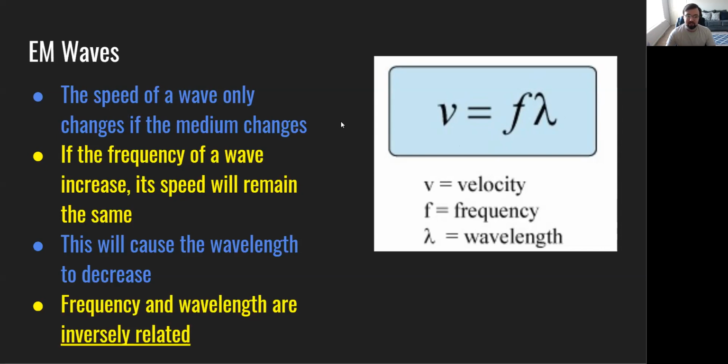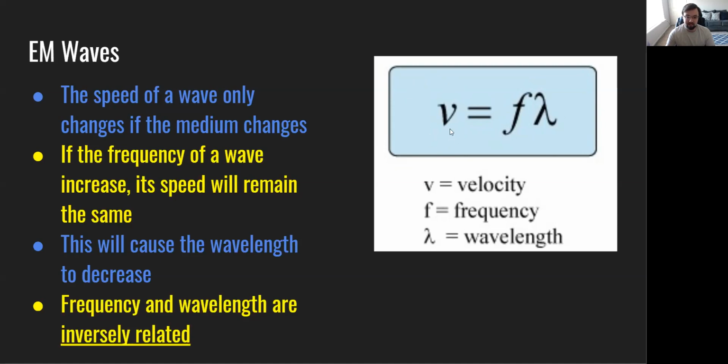So let's say we're talking about light going through space. Its speed is not going to change. So if the frequency of that wave increased, so if it has more energy, then it's going to have more frequency. But I just told you that the speed right here is not going to change.